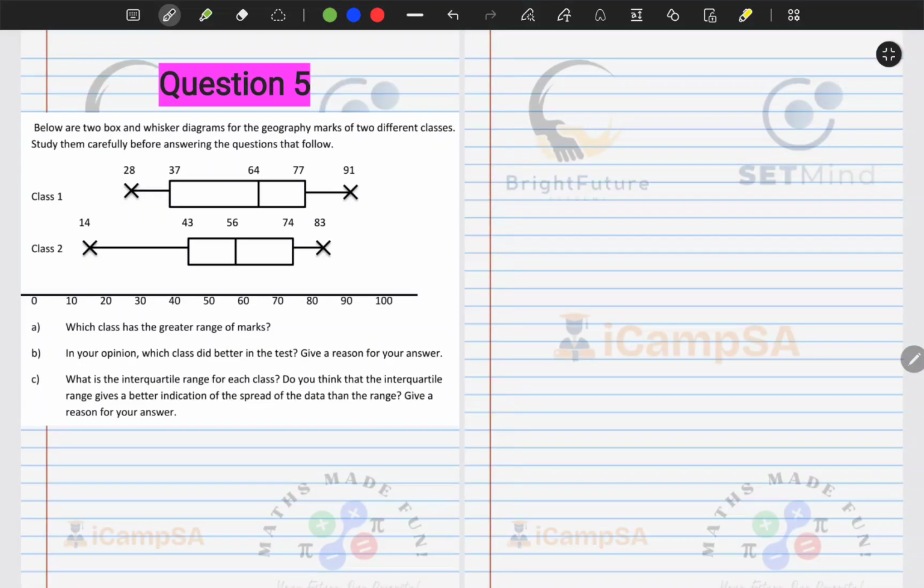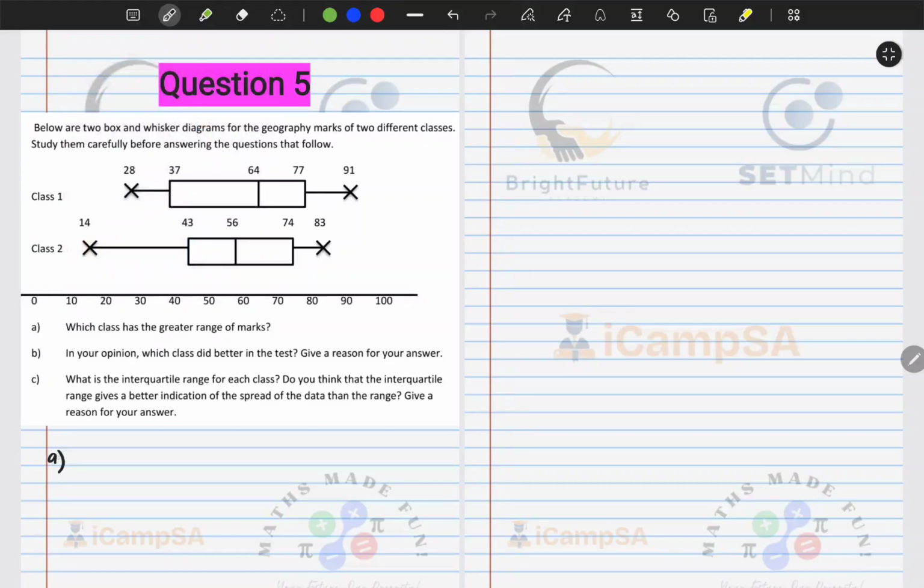We are told below are 2 box and whisker diagrams for the geography marks of 2 different classes. Study them carefully before answering the questions that follow. Okay. So now we are being asked which class has the greater range of the marks.